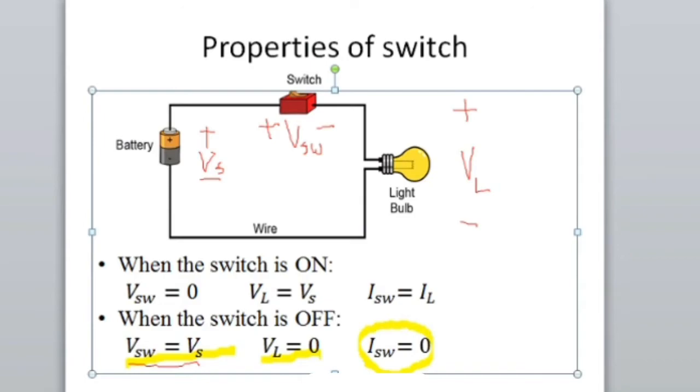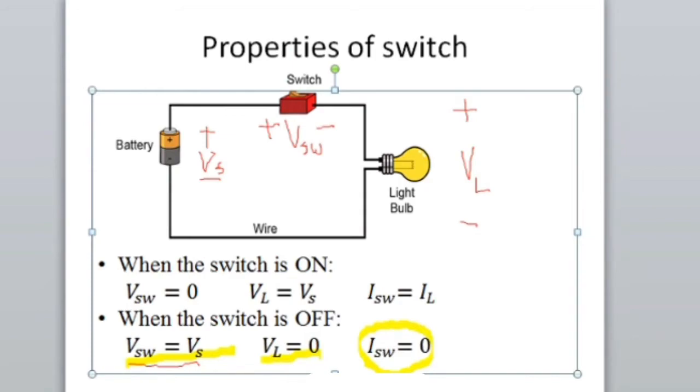Sir, we can see, sir. Okay, we can visualize, right? When the switch is in off condition, switch voltage is equal to Vs. Load voltage is equal to switch current is equal to 0.